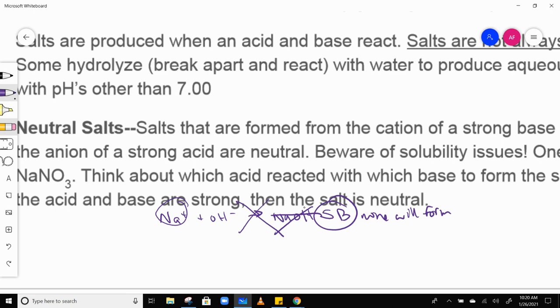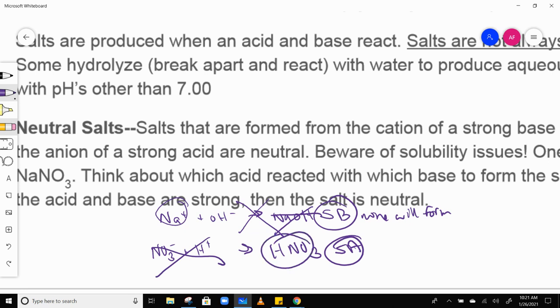Okay, if we put NO3 in water, it's going to react with H plus to give us HNO3. And in this case, this is a strong acid. That means none of this is going to form.